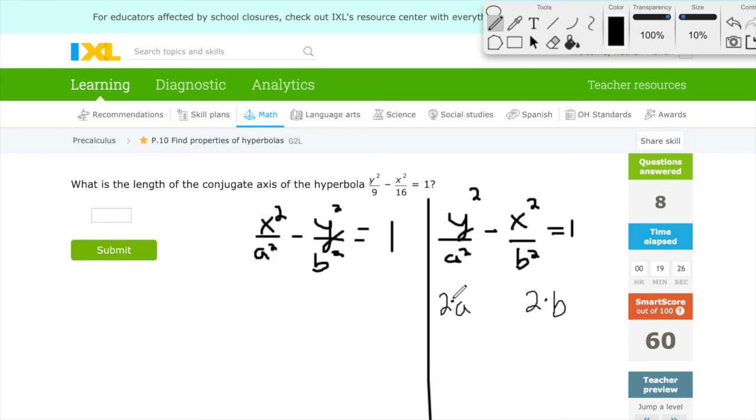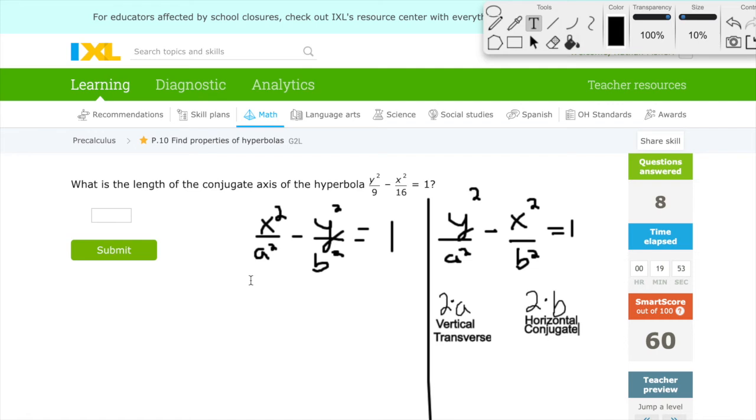For this one's vertical, so let's actually start labeling. This would be a vertical, and then transverse. This would be, move down a little bit, horizontal, and that would be conjugate.